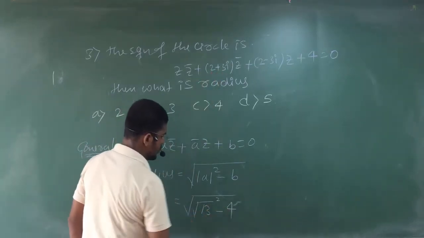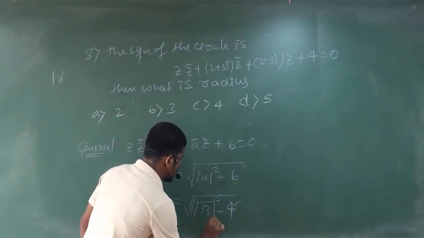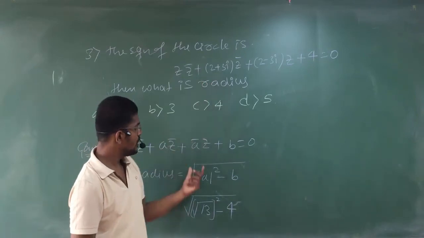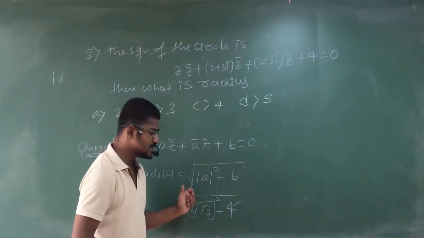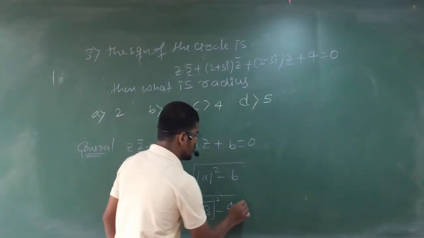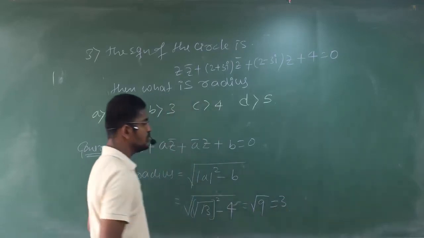Minus b, which is 4. So root of 13 minus 4 will be root 9, and that will be equal to 3.